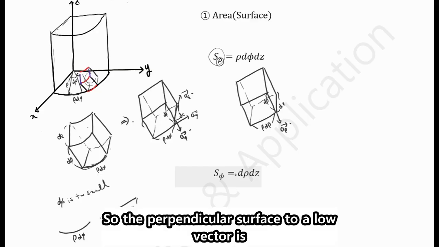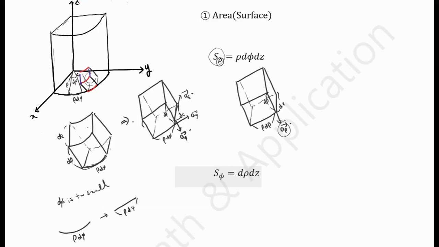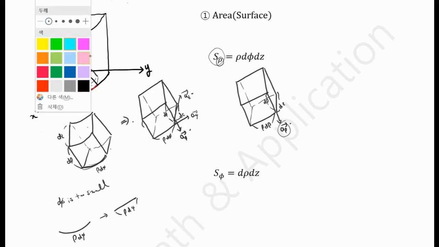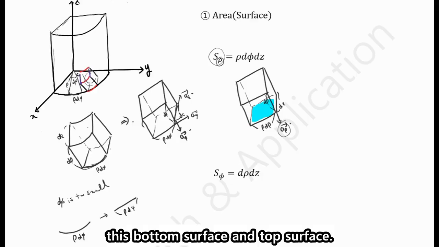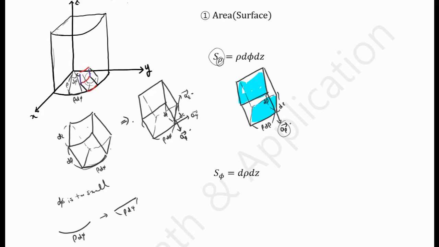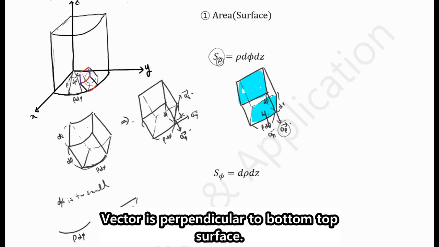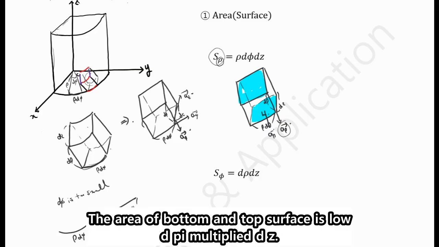So the surfaces perpendicular to the a rho vector are this bottom surface and top surface. The a rho vector is perpendicular to the bottom and top surface. The area of the bottom and top surface is rho d phi multiplied by dz.